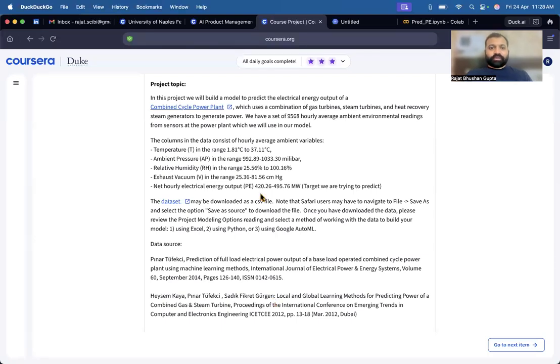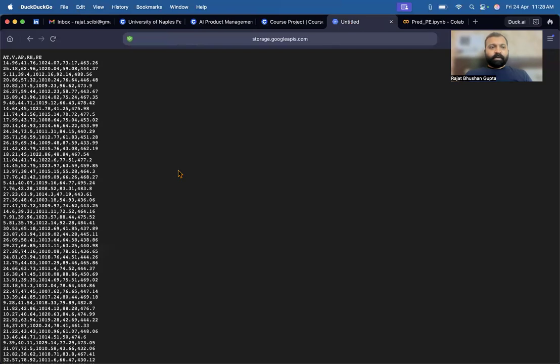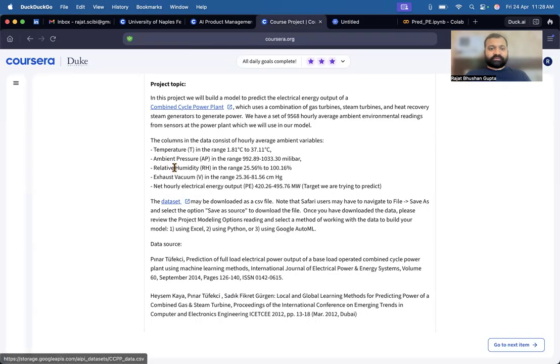All right. So in this project, we have been provided with this data set, which has close to 10,000 rows. And we have five columns: temperature, ambient pressure, relative humidity, exhaust vacuum, and net hourly electrical energy output, PE, in terms of megawatts.